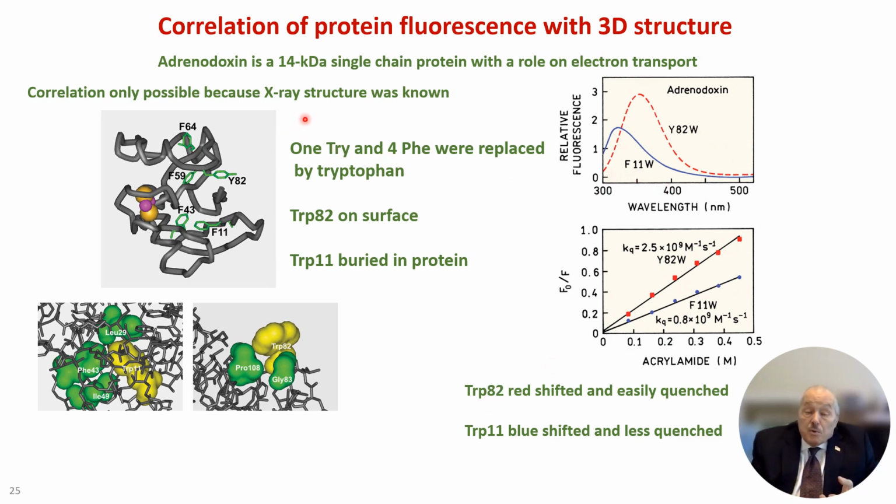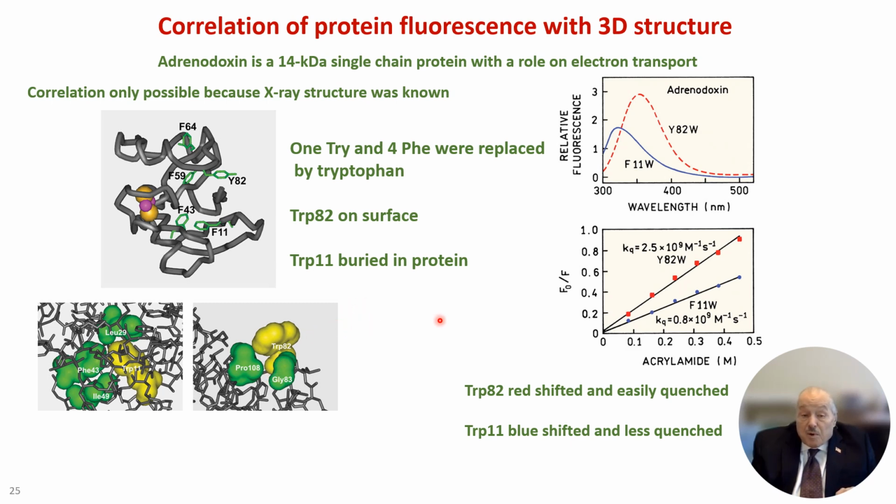and knowing where you could put tryptophans into this adrenodoxin, a small single chain protein, you could ask, what does the tryptophan emission look like in each of these sites? So the tyrosine and the phenylalanine were replaced. One Trp was put on the surface, 82, which I think is this one here.